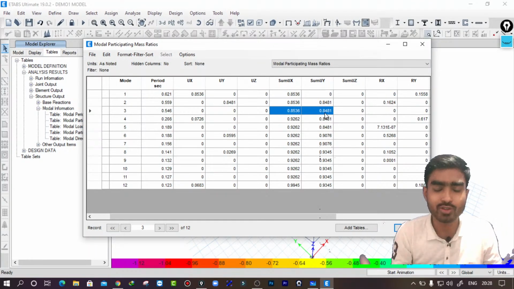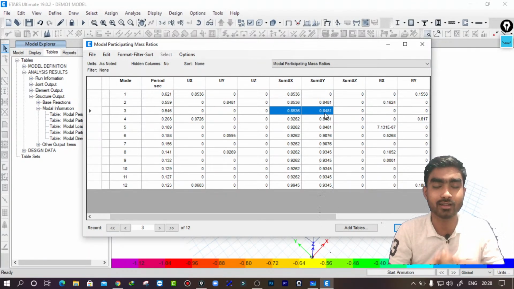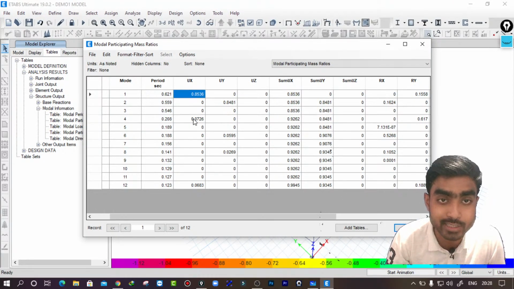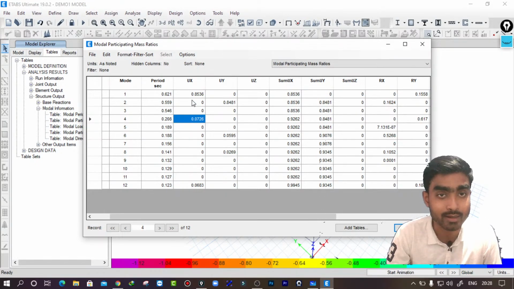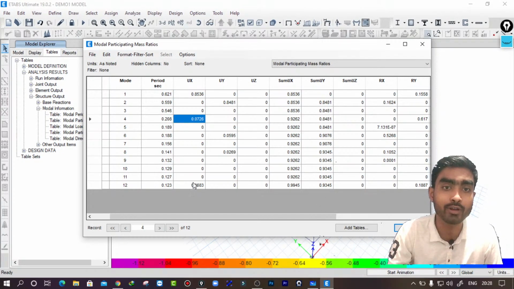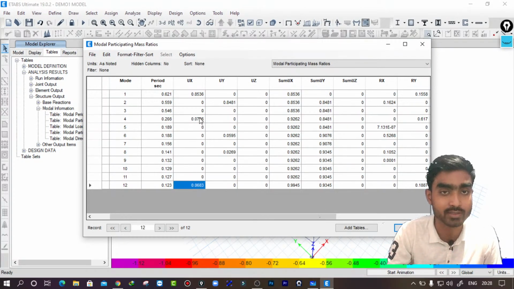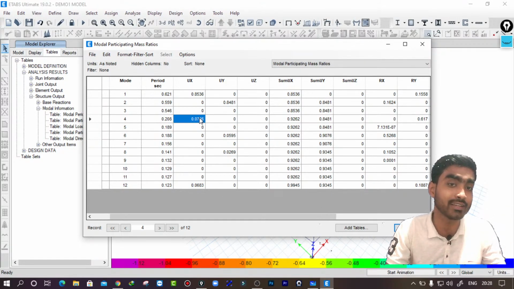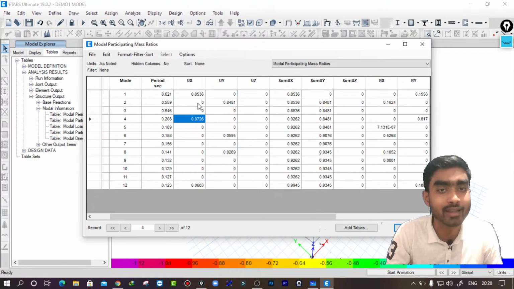In some cases, on irregular structures, critical structures, or high rise structures, if you go with the theory of the code, that the modes dominating in each direction should have a cumulative value of 65%, you may not get this 65% for the first three modes dominating in particular directions.